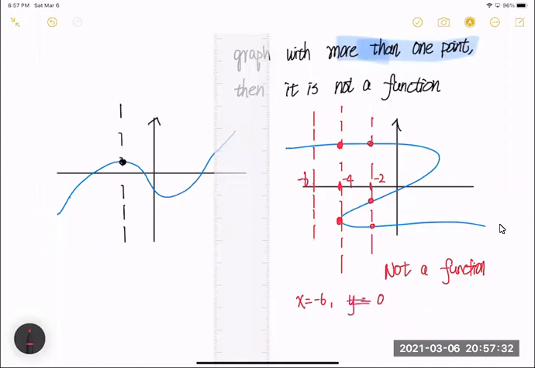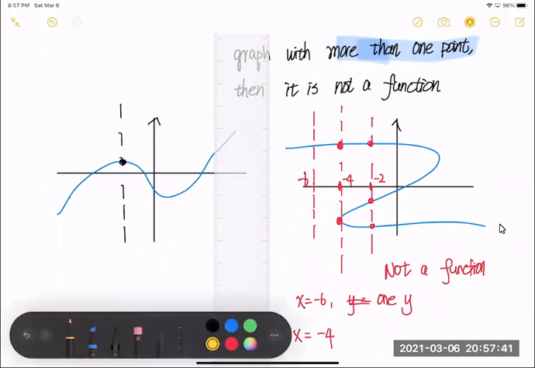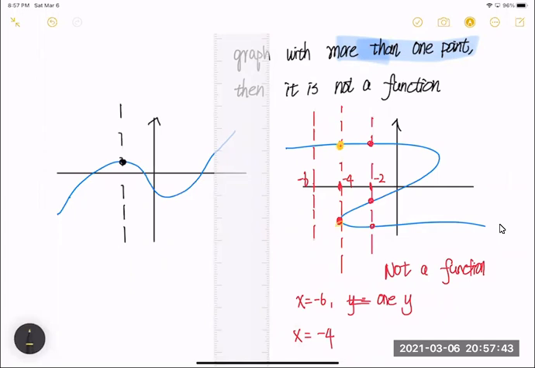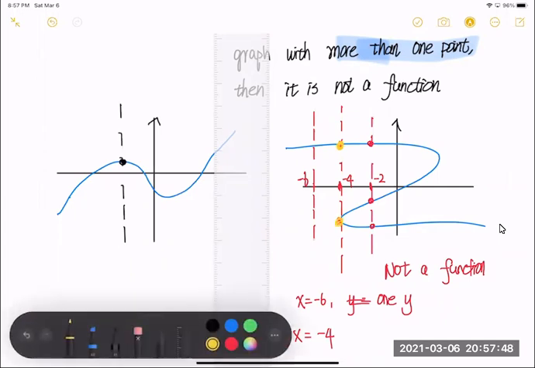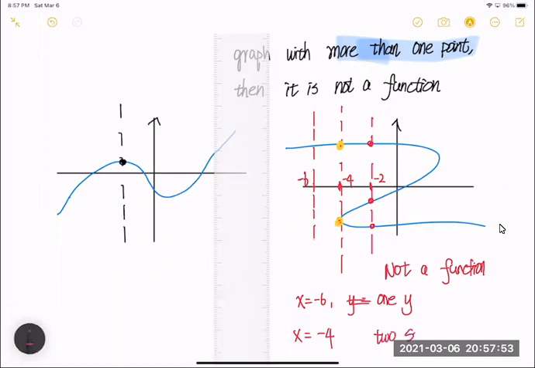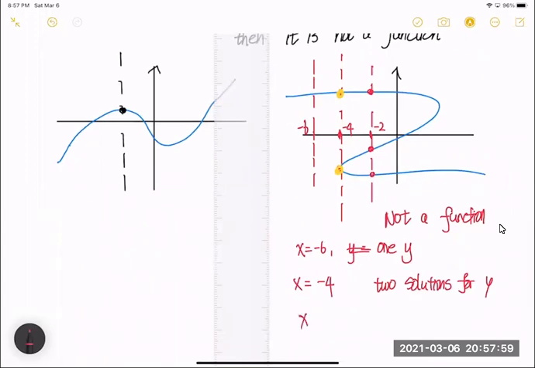We only have one y. But if x equals -4, look at the second line, how many y values are there? Look at my yellow points, you will have 2 y values, right? That means you will have 2 solutions for y. And then when x equals 2, you have what? 3 solutions for y.